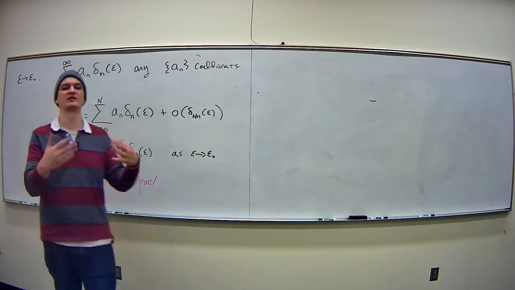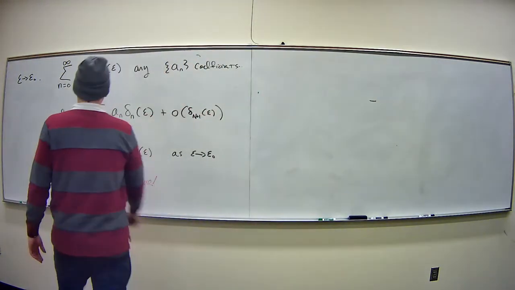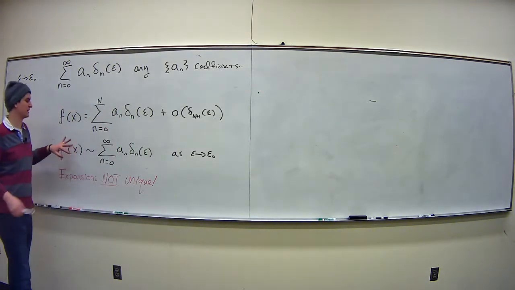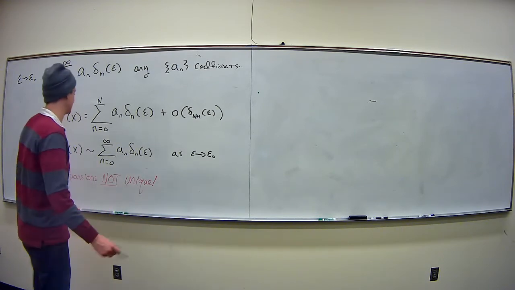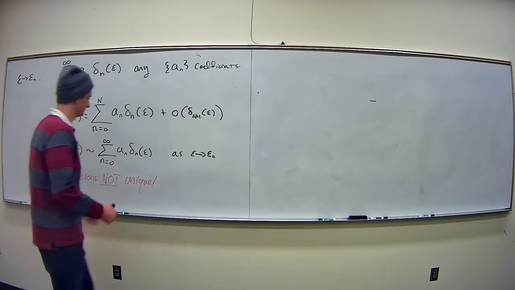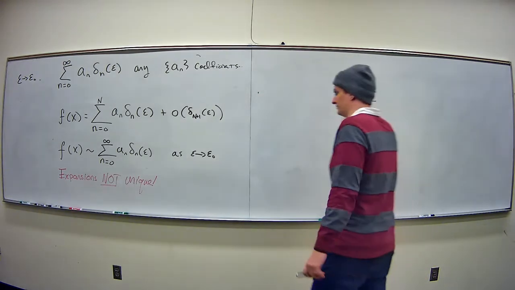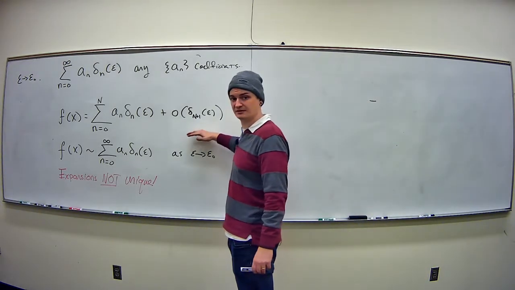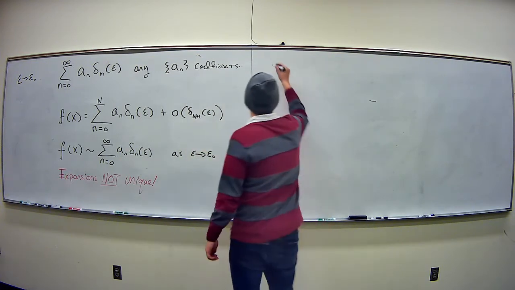Because you could pick different asymptotic sequences to do your expansions with. So this is asymptotic to many different things because you can pick several different asymptotic sequences or gauge functions. What is true, though, based on this definition, is that the coefficients are unique.